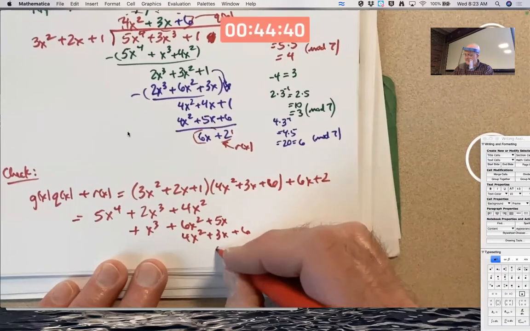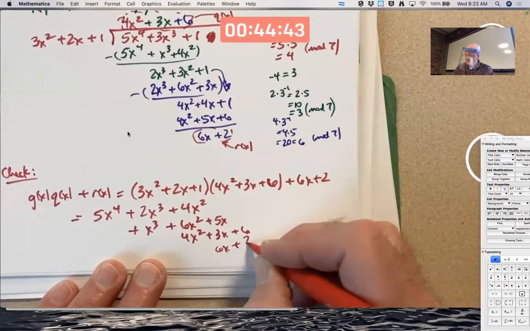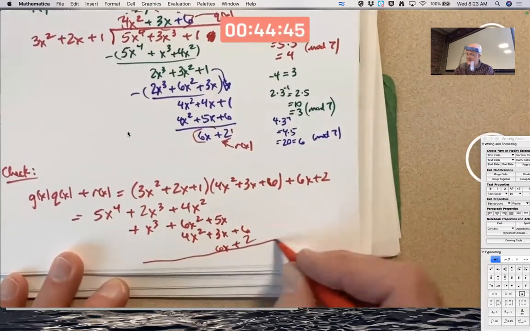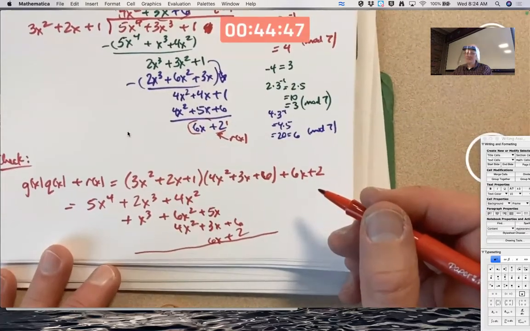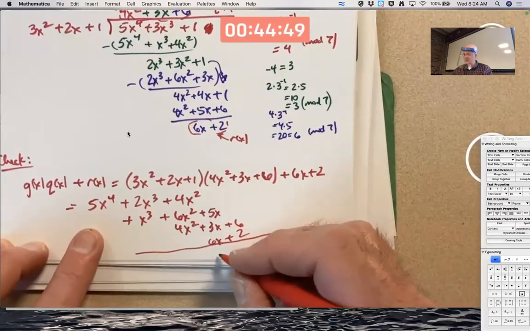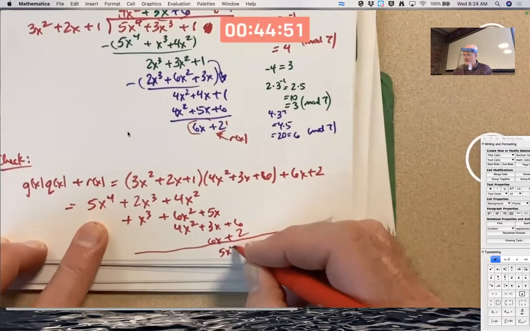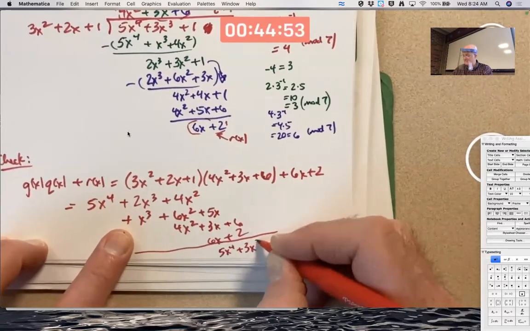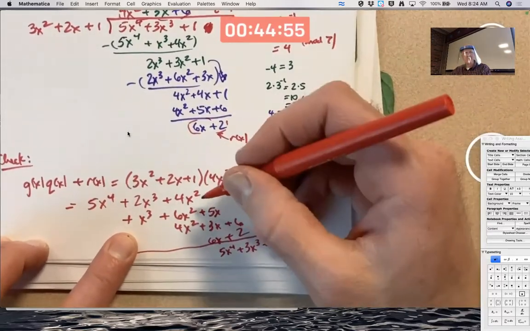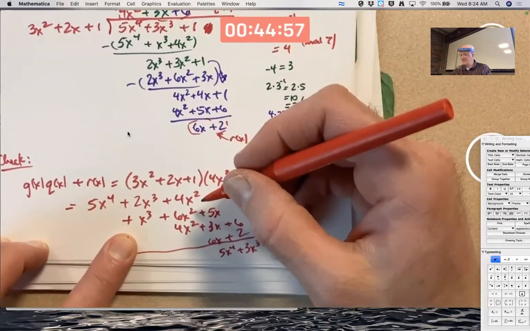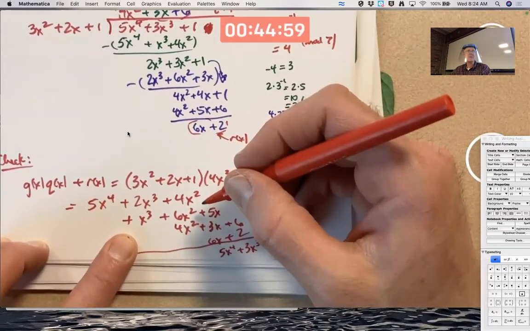And then don't forget to add the remainder as well. Add all this stuff up. Mod by 7 for the coefficients. We got 5x to the 4th plus 3x cubed plus, look at the x squared terms, 4 plus 6 plus 4 is 14. 14 mod 7 is 0.